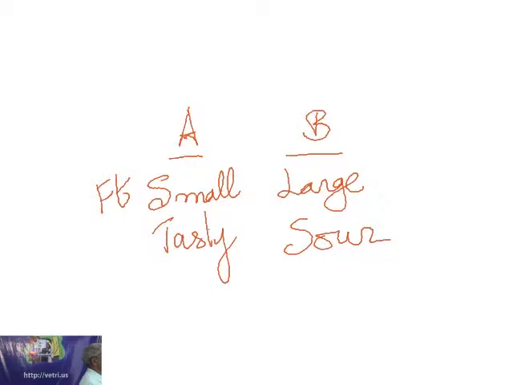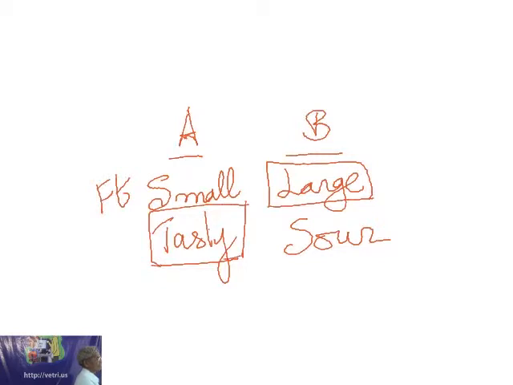Now, my idea is to get a large fruit and at the same time a tastier one. I want the mango fruit to be larger and at the same time tasty.